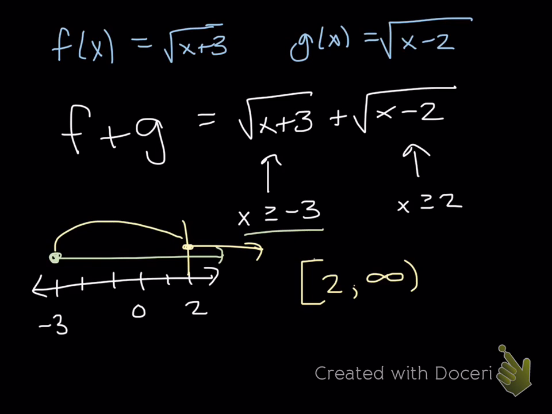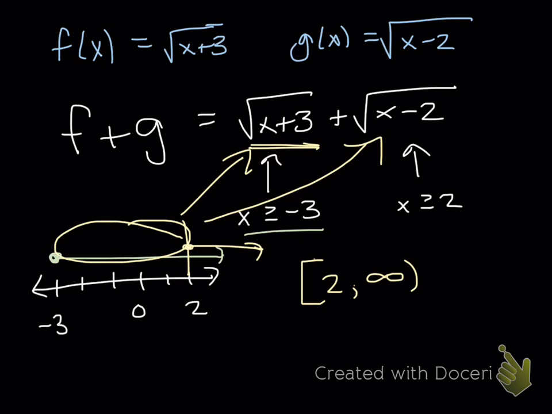Again, all of the values from negative 3 to 2 would work in that first statement. But if I plugged any of those values into the second square root, I would get an imaginary number. And you can't add a real number plus an imaginary number. So again, you have to restrict values because you're trying to tell me what values you can use in this function and what values would be defined.